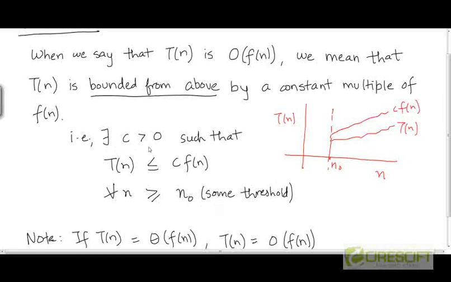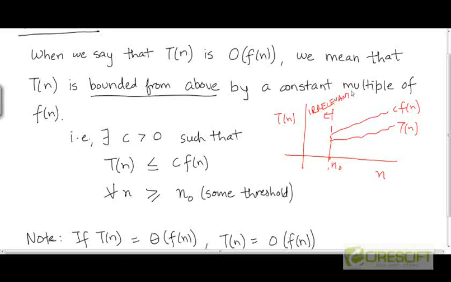So there exists a constant c greater than 0 such that for all n beyond this threshold, t of n is upper bounded by a constant multiple of f of n. So what happens to the left of this threshold is irrelevant.